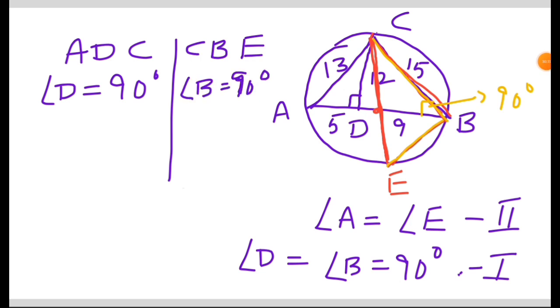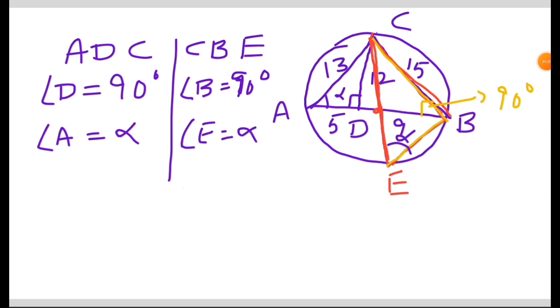In triangle ADC, angle A is alpha, and in triangle CBE, angle E is also alpha. In two triangles, if the corresponding angles are equal, their corresponding sides' ratios are also equal. Let's use that property here.